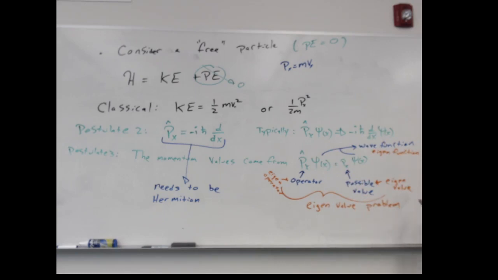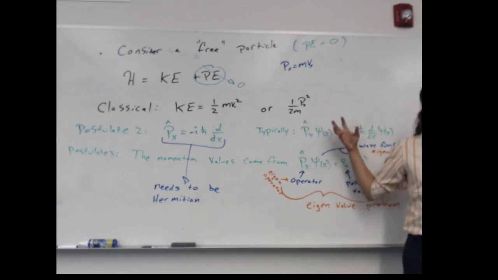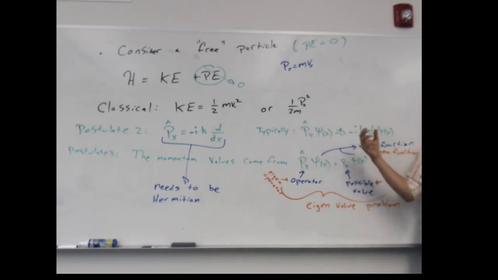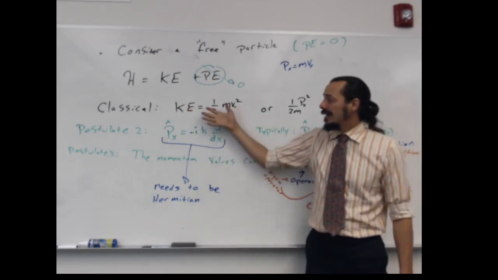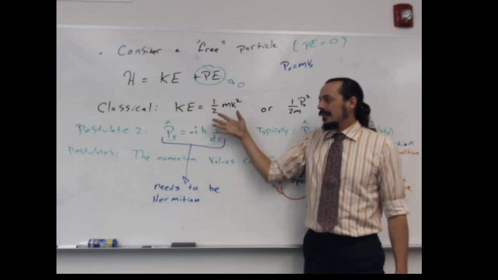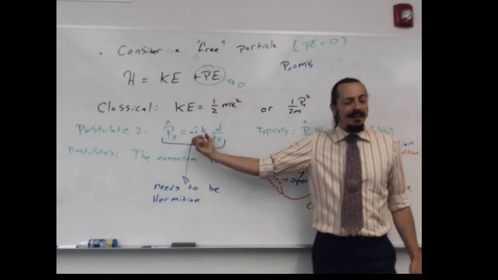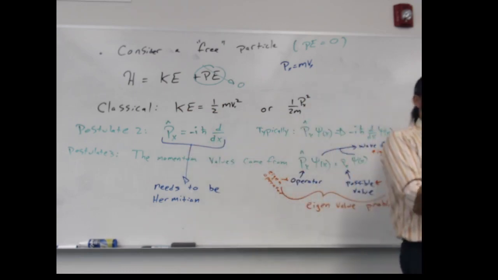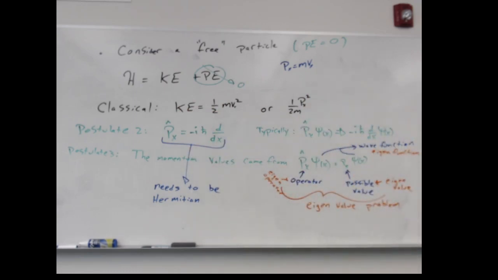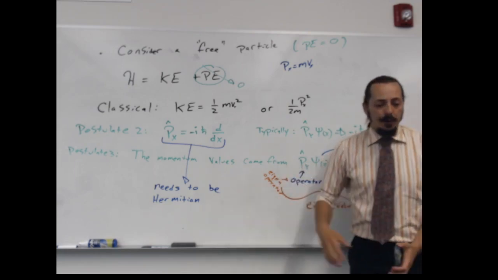We need the momentum to be real. And so there's two possibilities for the way that we guarantee real momentums here. One is we can put some arbitrary restrictions on our wave function, or we can put some restrictions on our operator. Sometimes we'll do both, but it turns out more realistically, postulate 2 says not only do you need a corresponding operator in quantum mechanics, it needs to be a Hermitian operator and it needs to be a linear operator. This will guarantee that we get real values.